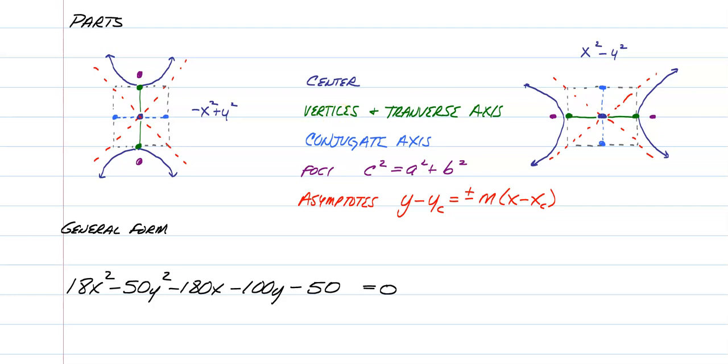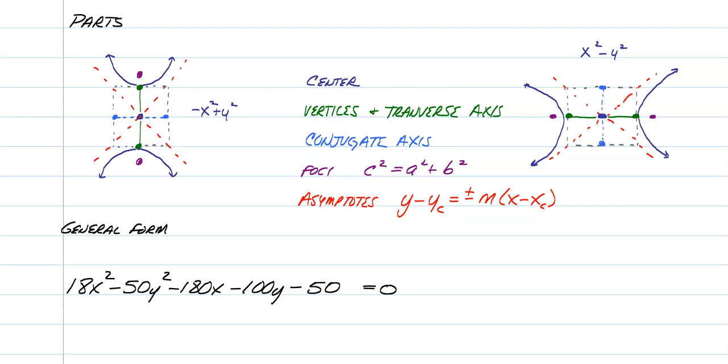In an ellipse, that was our major axis, but in a hyperbola, because it's not an ellipse anymore, we have a transverse axis, and that's basically the distance between your two vertices. A conjugate axis would be kind of like the minor axis of an ellipse, and it doesn't really exist in terms of an actual line. It just helps you draw the box that we need to do.